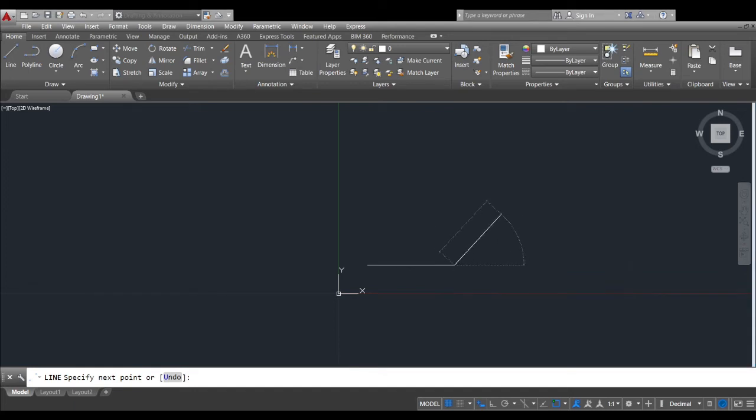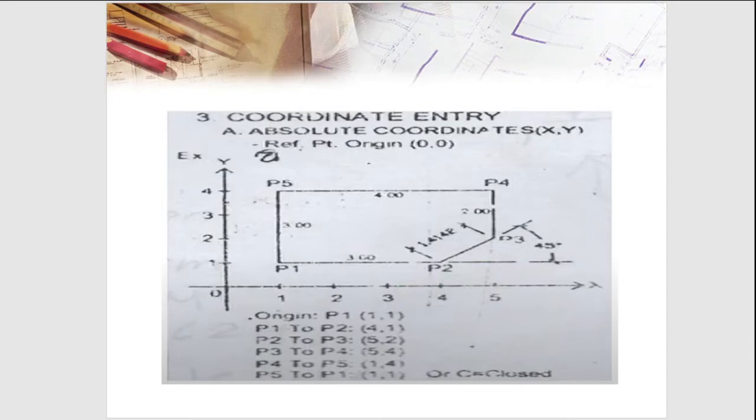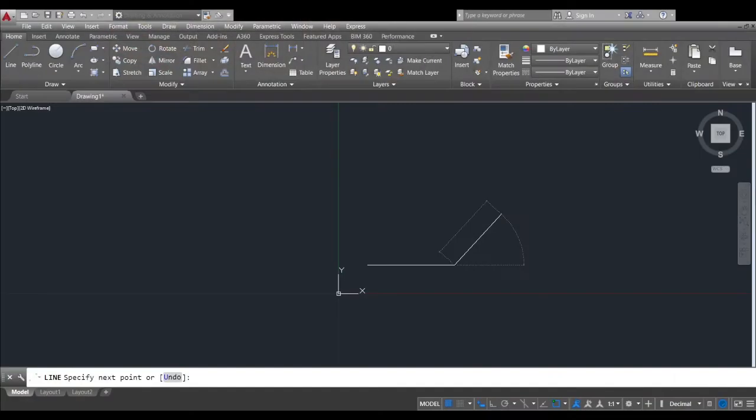Our third point, from P2 to P3, is 5,2. So, hashtag 5,2, enter.